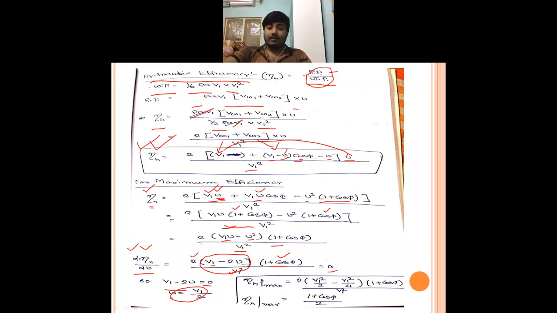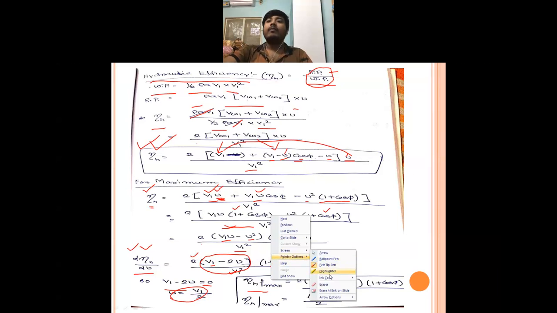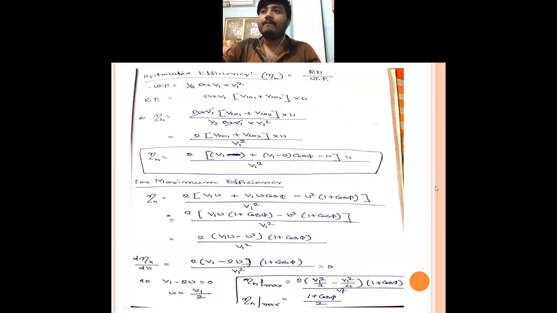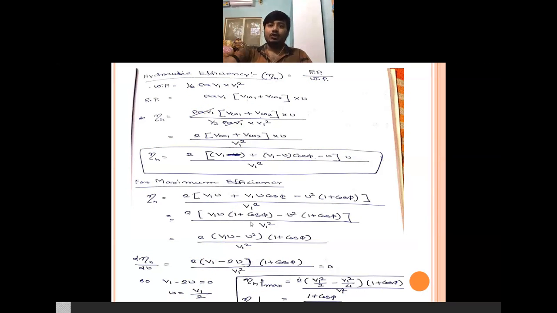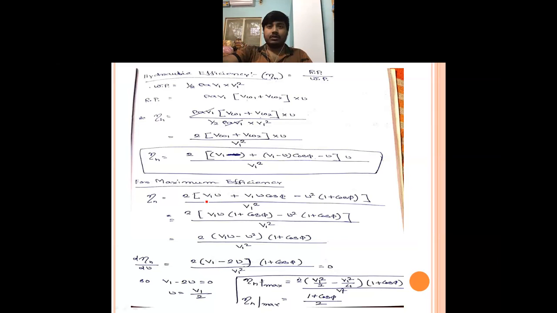So what is the value of maximum efficiency? Let us see. Eta h max is equal to... we have to put u in terms of v1 by 2. So let us put u equal to v1 by 2 in this equation.